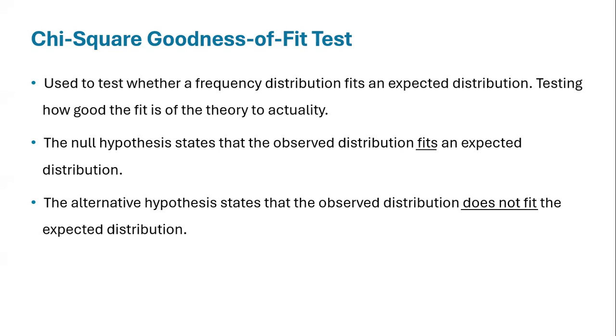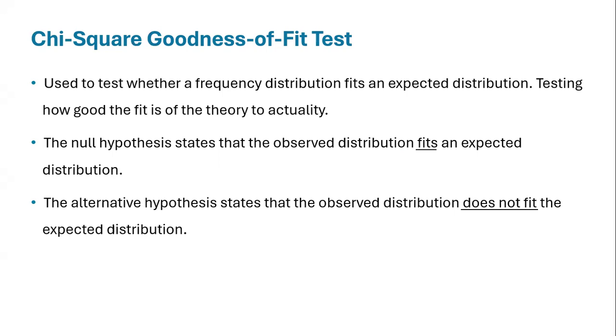This is called the goodness of fit test. That's why we use the chi-square goodness of fit test, because we want to test how well the observed frequency fits the expected frequency, how well the result from the sample fits the theory or the actuality.